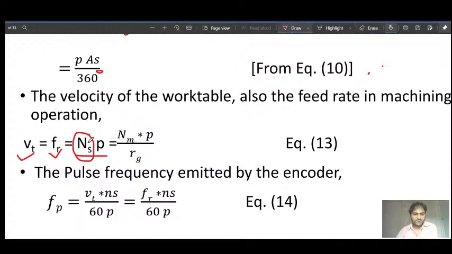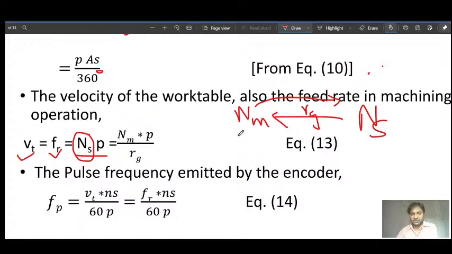If we are moving from NS to NM, in open loop we were going from NM to NS, so we were dividing by the RG value, the gear ratio. Here, from NS to NM, we will multiply with the RG value.